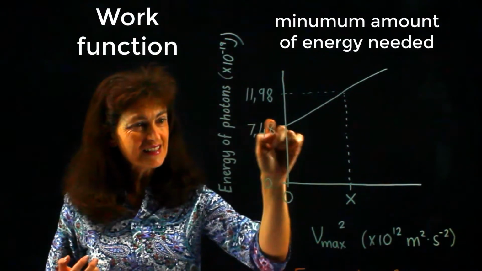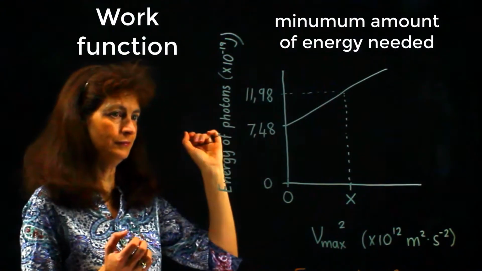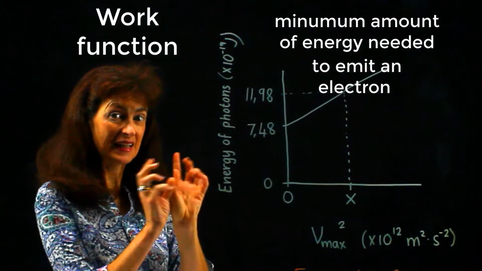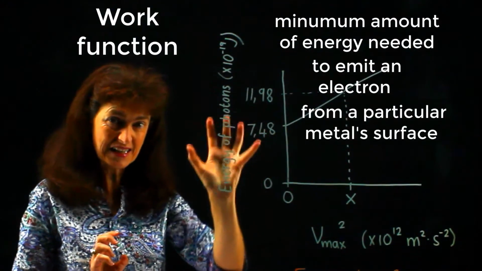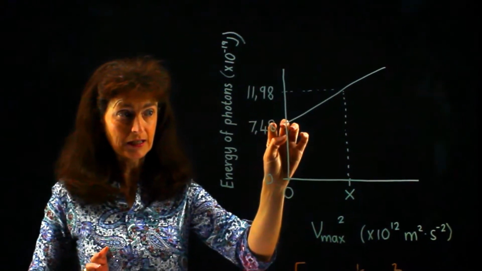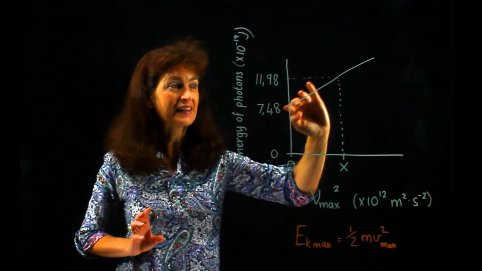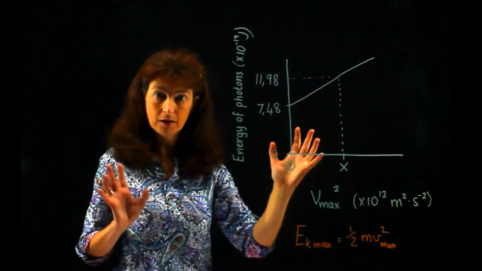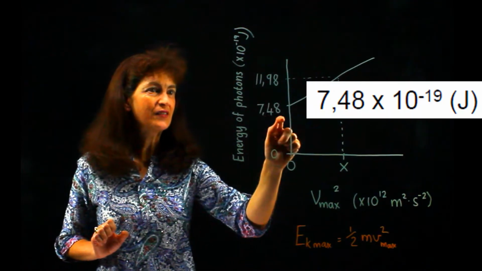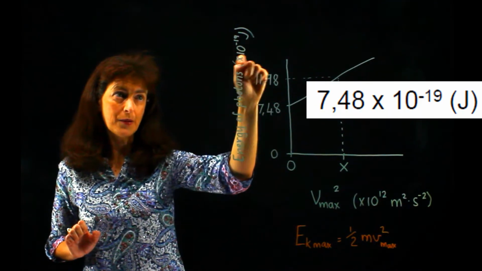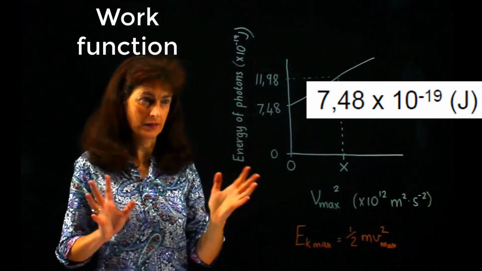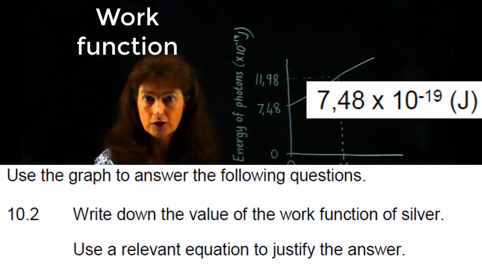That means that this is the amount of energy that a photon needs minimum to emit electrons from this particular metal, silver. Any more than this amount of energy then goes into increasing the kinetic energy of the emitted electrons. So we know that this value, remembering to multiply by 10 to the power minus 19, is the work function of this particular metal, and that is the answer to this question.